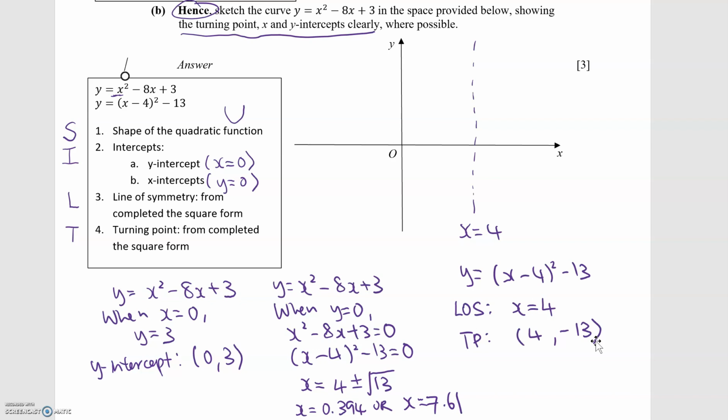My y-intercept, okay, so my quadratic curve will look something like this. This will be 7.61. This is 0.394. This will be 3. My turning point is 4, negative 13. Okay, so I just do a quick check if I have the following information given. Okay, so that's it for question 2B.